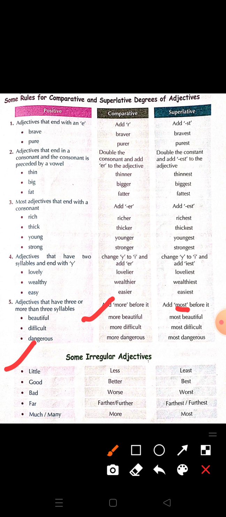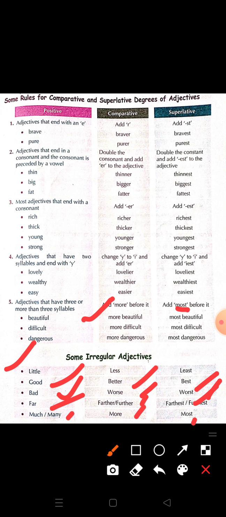Good, better, best. You can see the word has changed totally, not just the form, but the word is changed in the degrees of comparison. These are irregular adjectives. Then bad, worse, worst. Far, farther, farthest. Many, more, most. This way.